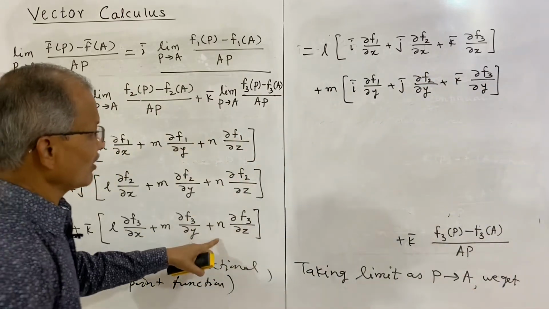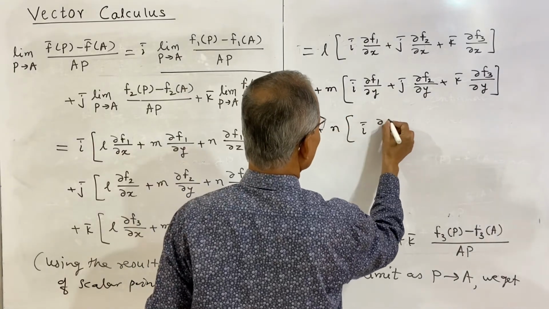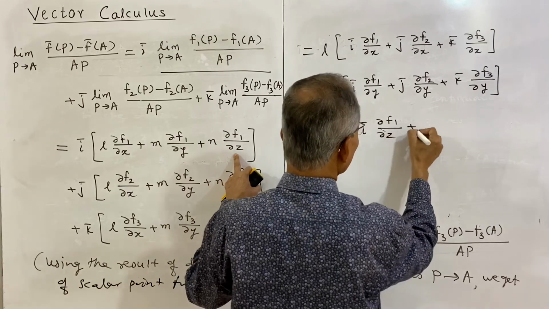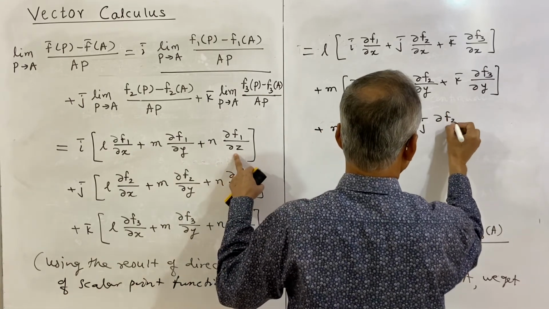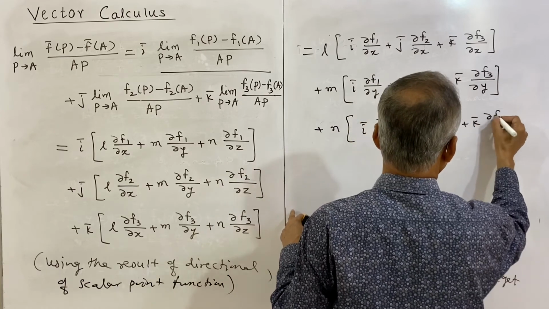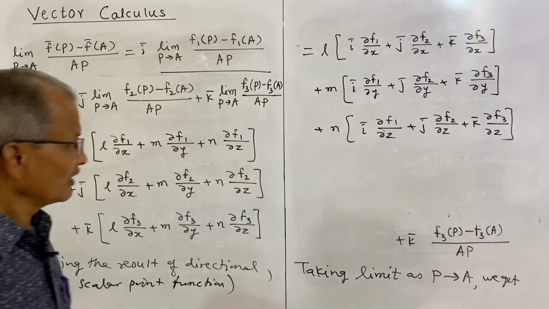And now take n common, plus n in bracket i ∂f1/∂z plus j ∂f2/∂z and plus k ∂f3/∂z. So these terms will remain in bracket.